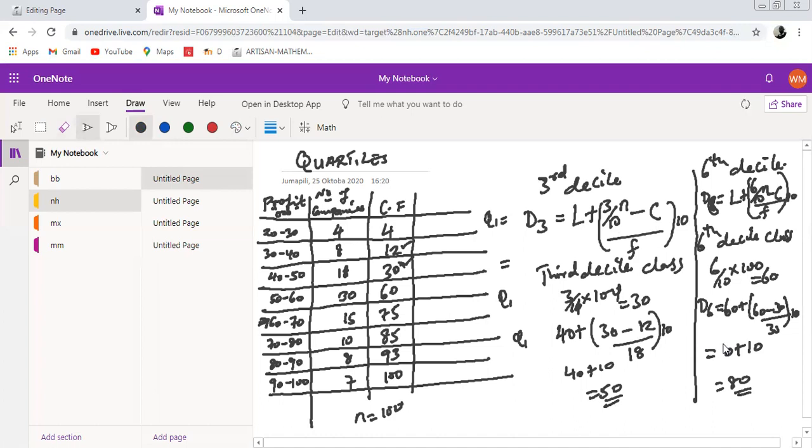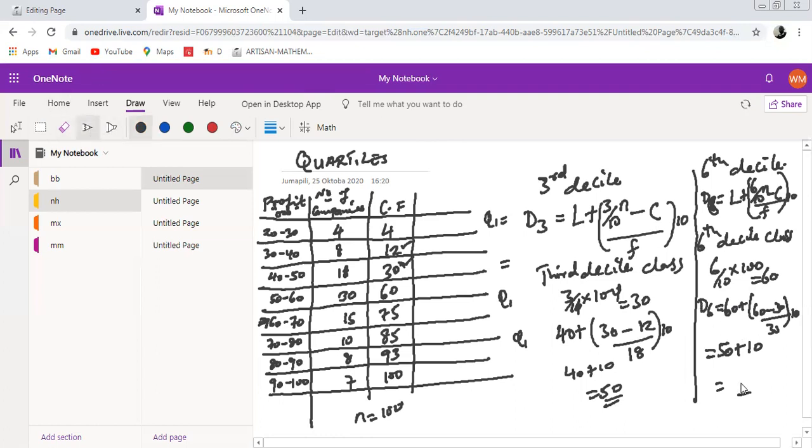Once we have located the sixth decile class, which is 50 to 60, 50 is the lower limit, not 60, which is supposed to apply here as our L. So we need to come here and put it appropriately. So we have 50 plus 10, which is actually 60.